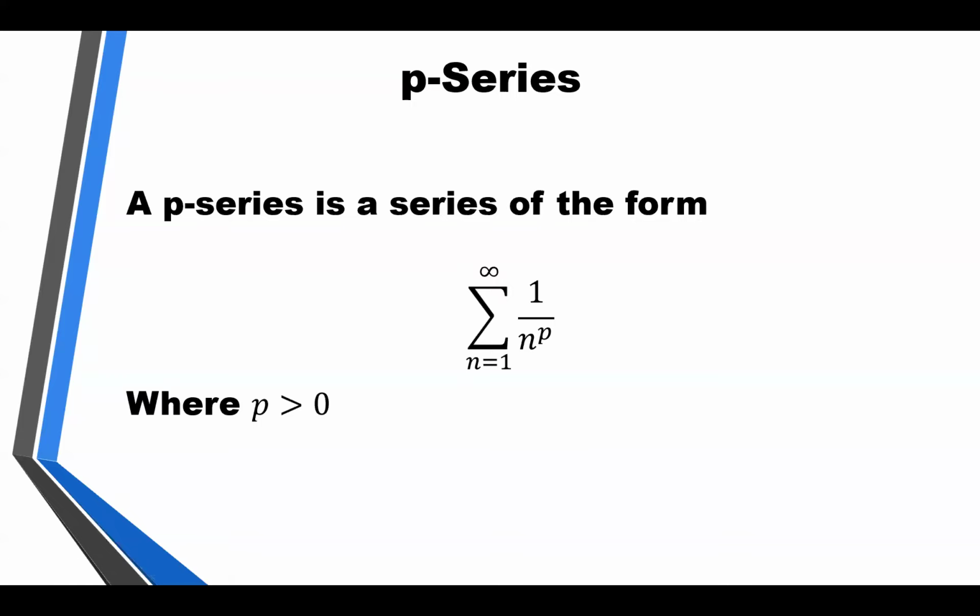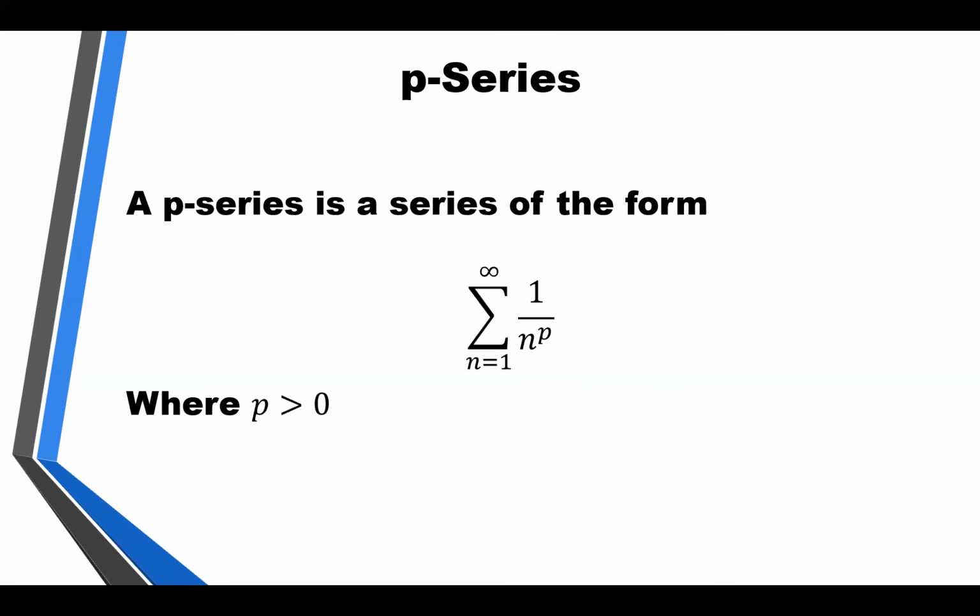Now, the infinite series that I'm talking about have a special name. And the name for those is a P series. So a P series is an infinite series of the form infinite sum from n equals 1 to infinity of 1 over n to a power, where that power is greater than 0.